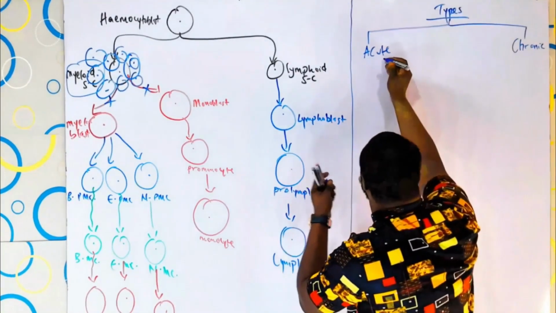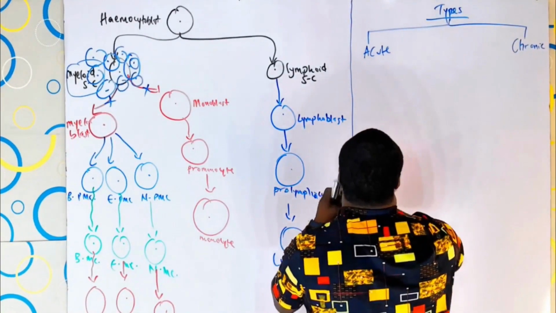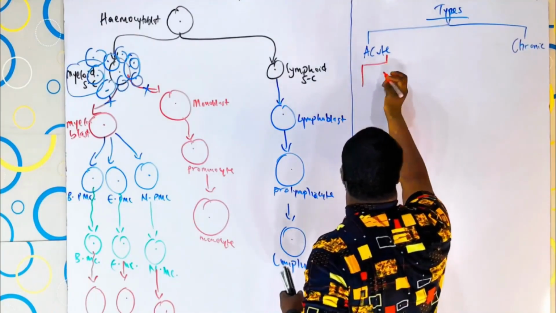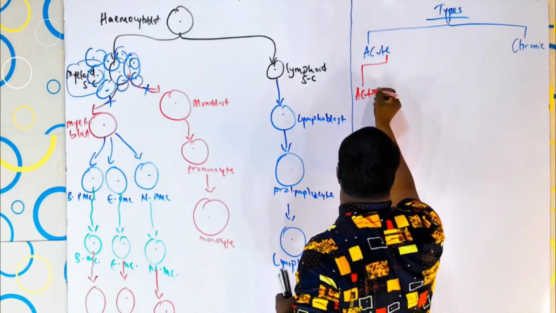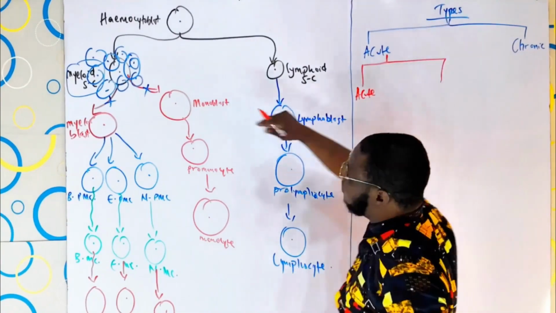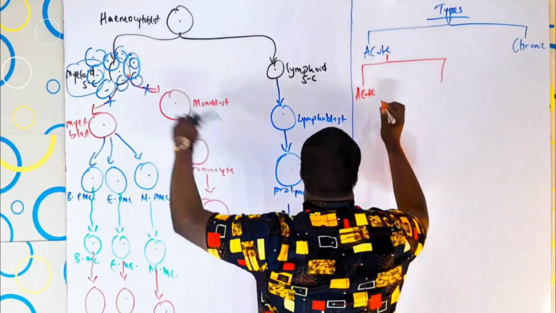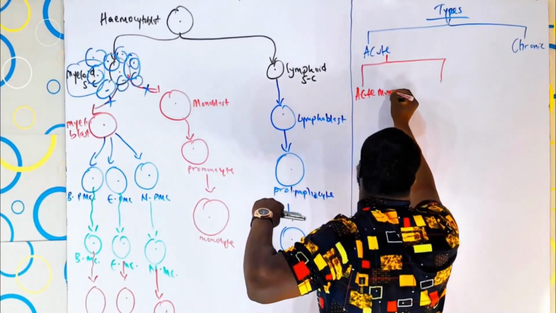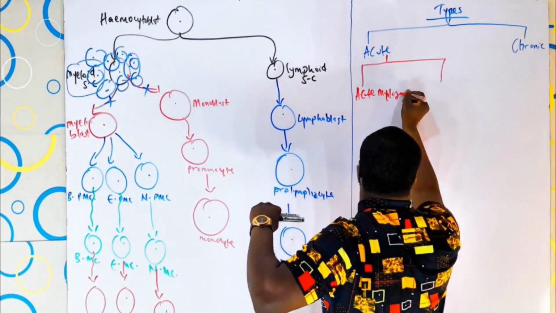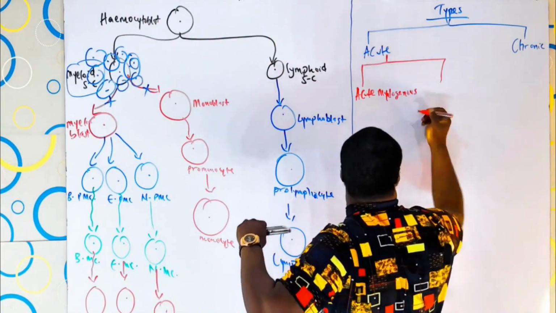Now, under this acute, we have two types. Once this myeloid stem cell is affected, the first one is called acute myelogenous leukemia.